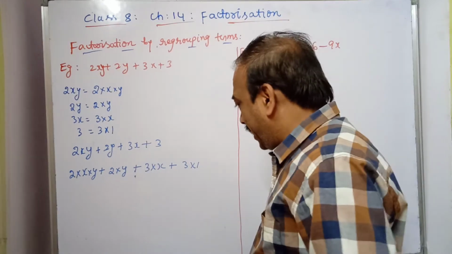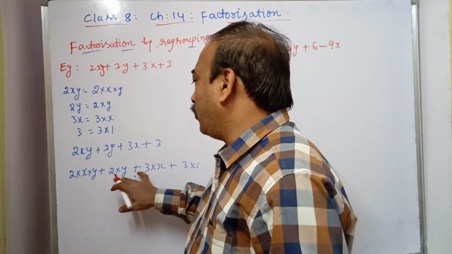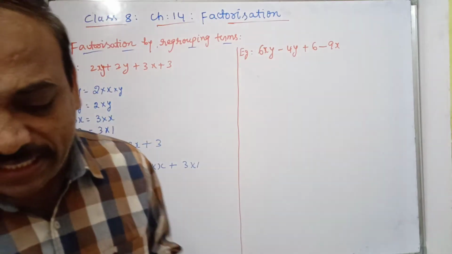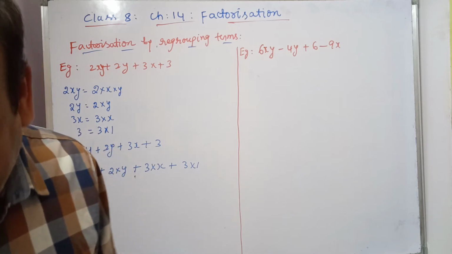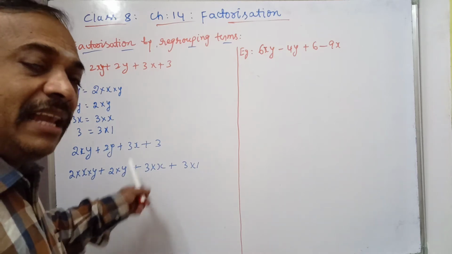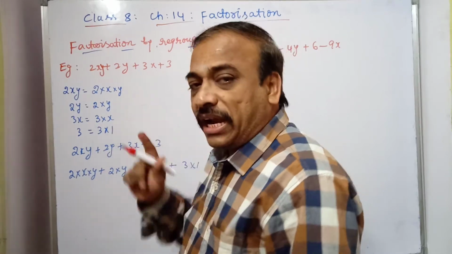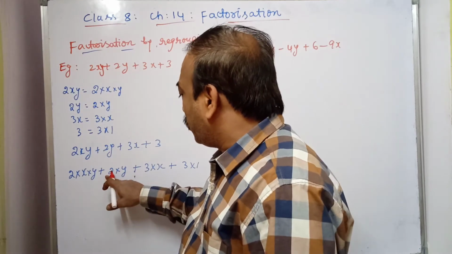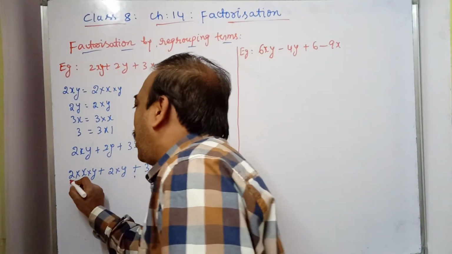Now what am I doing? In the first two terms, 2 into y is common. Still, every term has 1 as a common factor, as I already said. So first I take these two, then the next two.